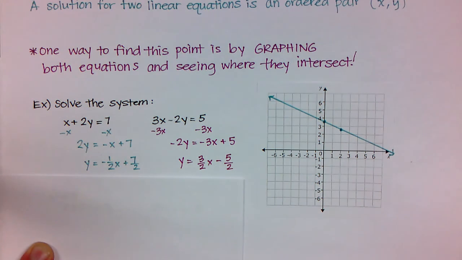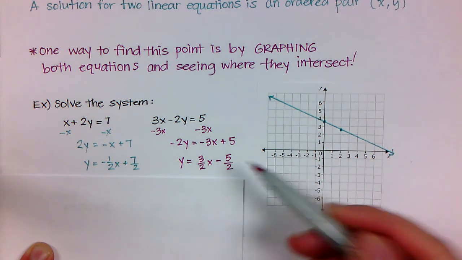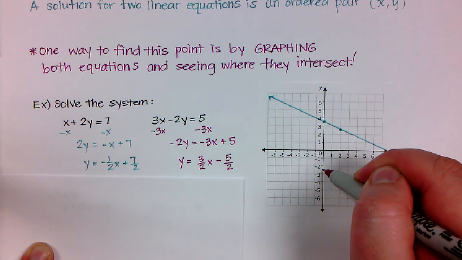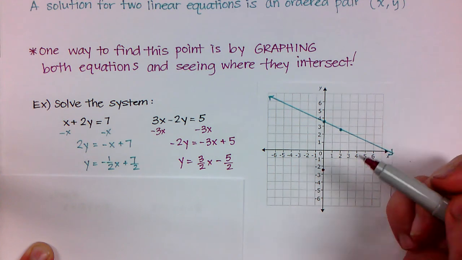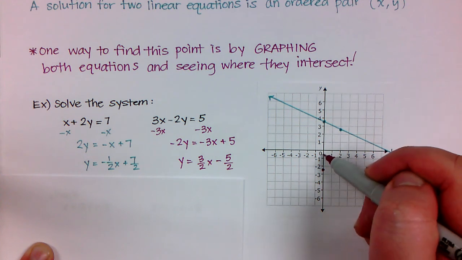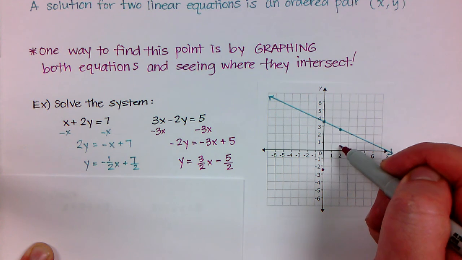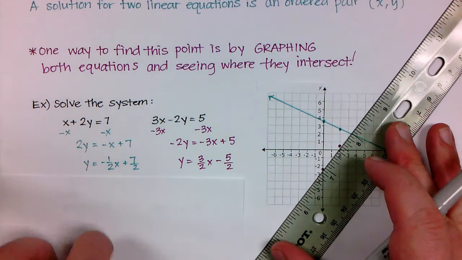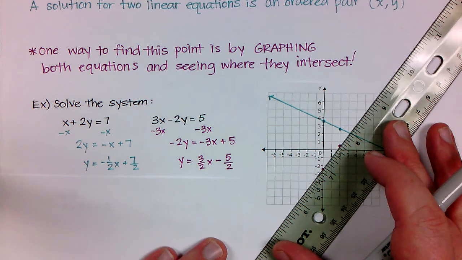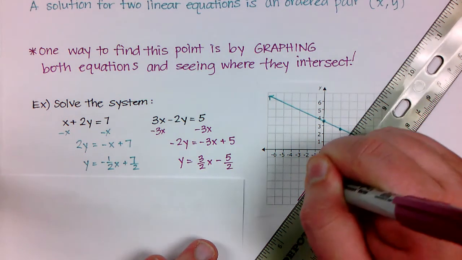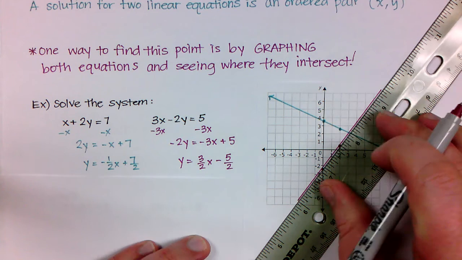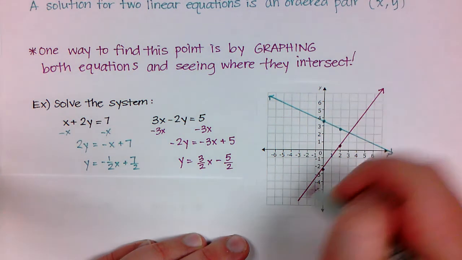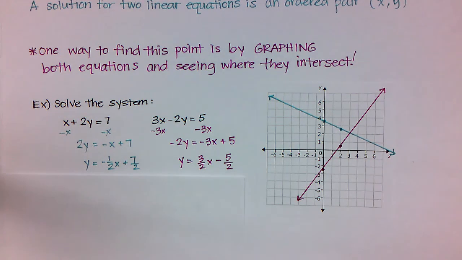This time the y-intercept is at negative 2.5, but the slope is positive. I'm going to go up 3, 1, 2, 3, and over 1, 2. I'm going to connect my two dots to form my line, and there you go. So graphing should be pretty easy.